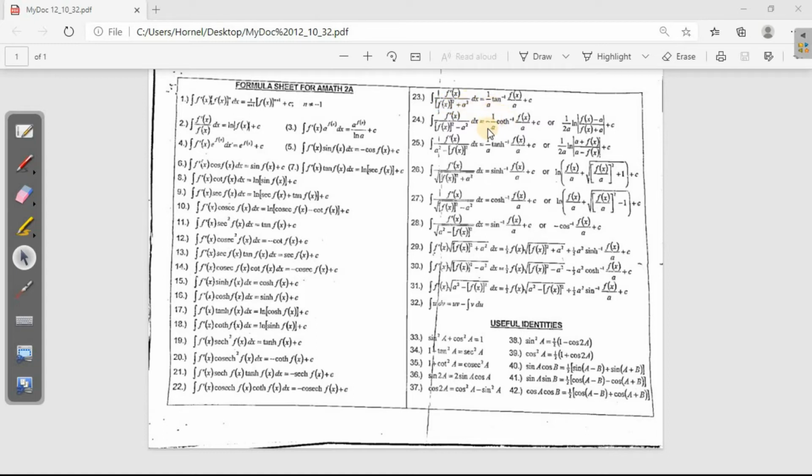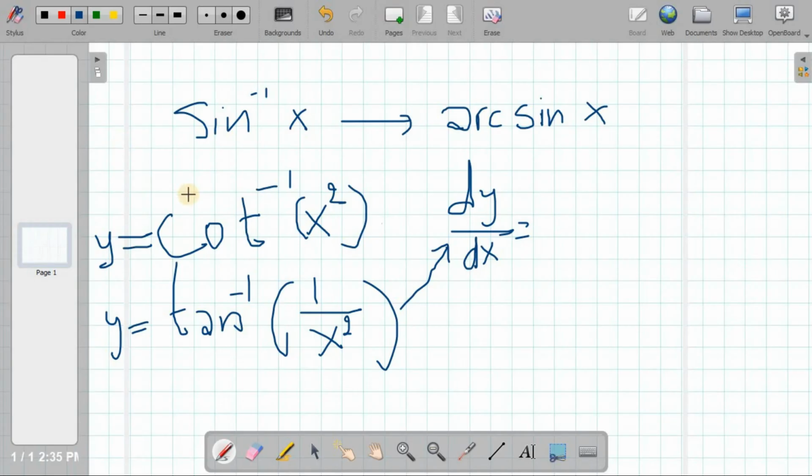But the problem here, sometimes we are asked the question, what is a? Let's come back here. You can see here we're supposed to have 1 over a in front, but we don't have a, so we have only 1.